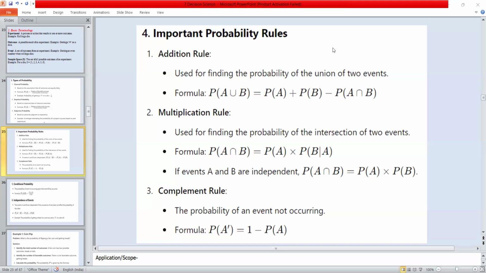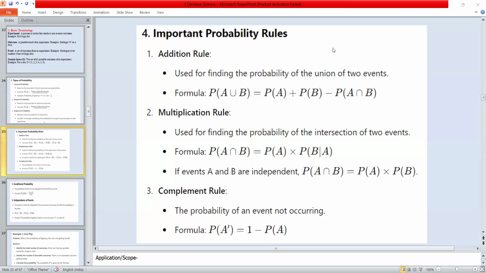So probability of A we have to find out, plus probability of B we have to add, and minus the same events which are there in A and which are there in B, that we have to reduce. So at least one intersection we have to reduce.